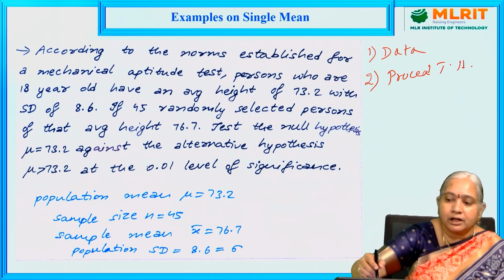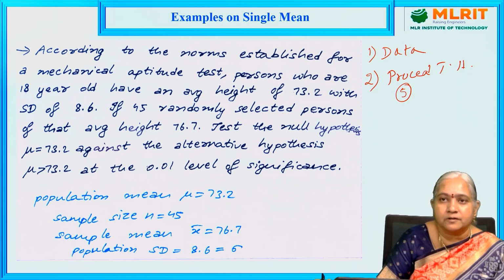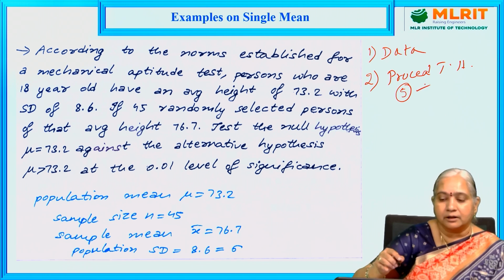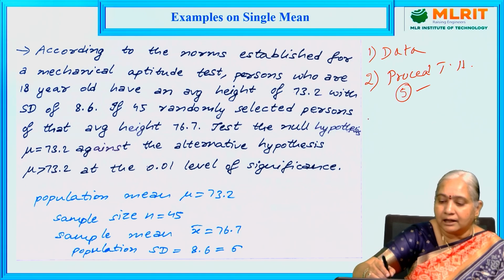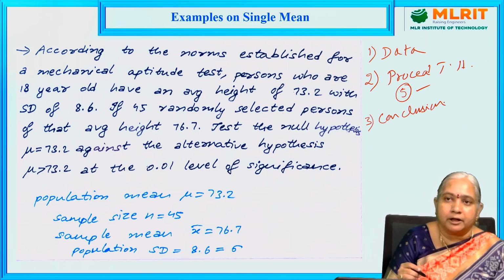In testing of hypothesis, we have 5 steps: null hypothesis, alternative hypothesis, level of significance, test statistic, and conclusion. These 5 steps must be written. And the last step is the conclusion about the population parameter, whether you are accepting or rejecting.